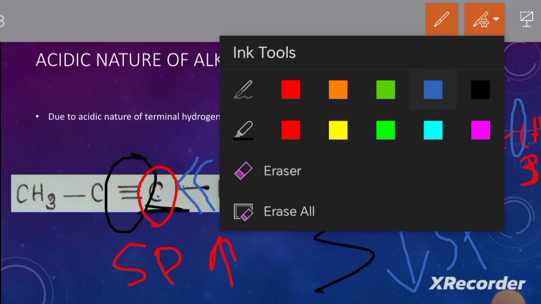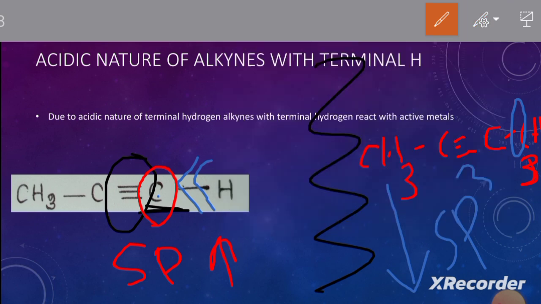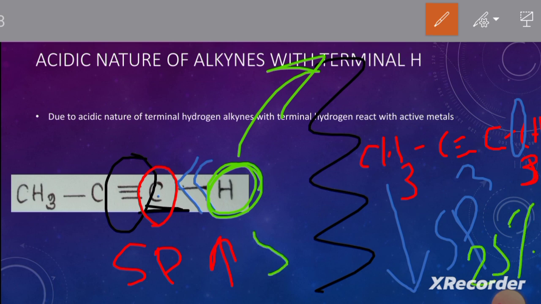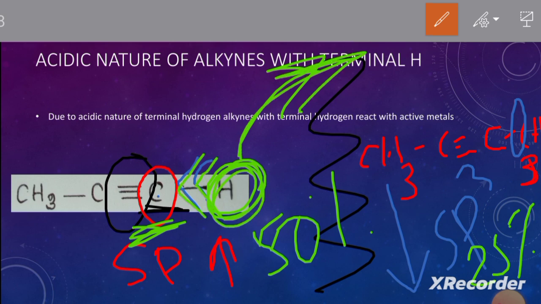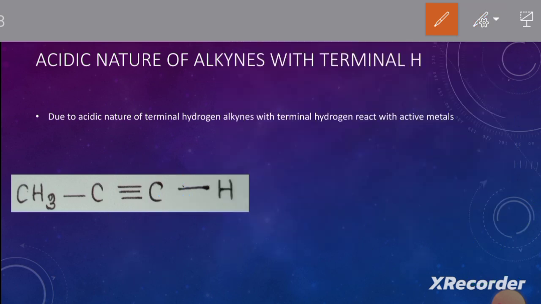So due to that, there is more tendency for this hydrogen atom to leave. Here only 25% s character is there, but here 50% s character is there for this carbon. So the electronegativity is higher in this particular carbon, so it attracts the electrons in this bond, and this hydrogen has much tendency to leave. So this is considered an acidic hydrogen or a terminal hydrogen.